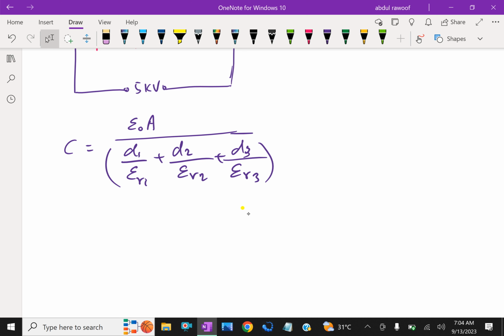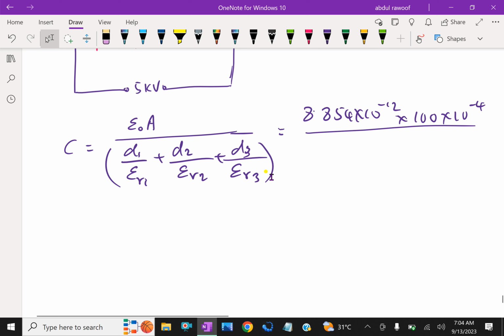Now we are substituting the values. Epsilon 0 is approximately 8.854 into 10 raised to minus 12, into plate area, 100 centimeters squared, which is 10 power minus 4 meter squared, over the thickness of D1, which is 1 mm, that is 10 power minus 3, over 5.5, the relative permittivity of the first dielectric.